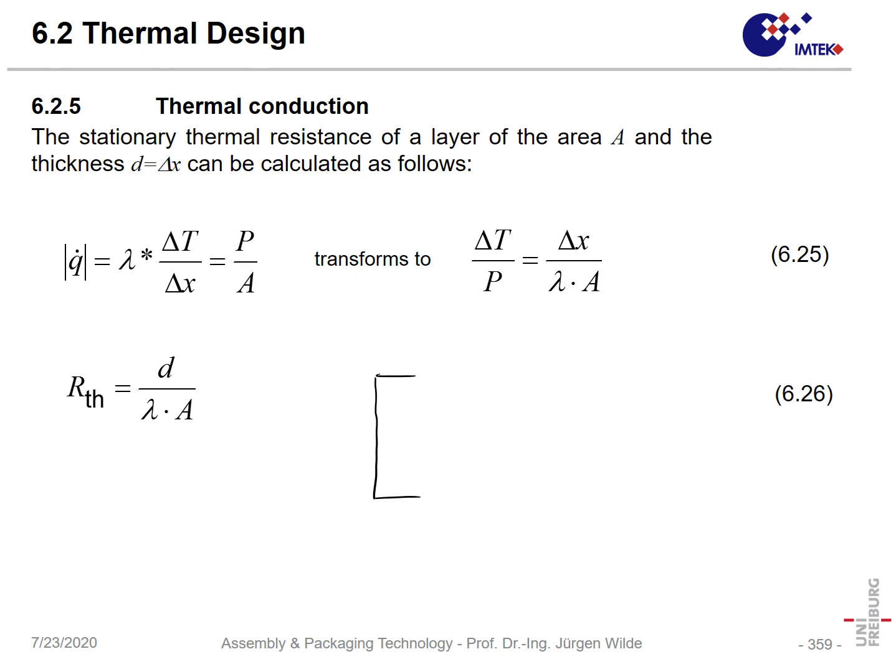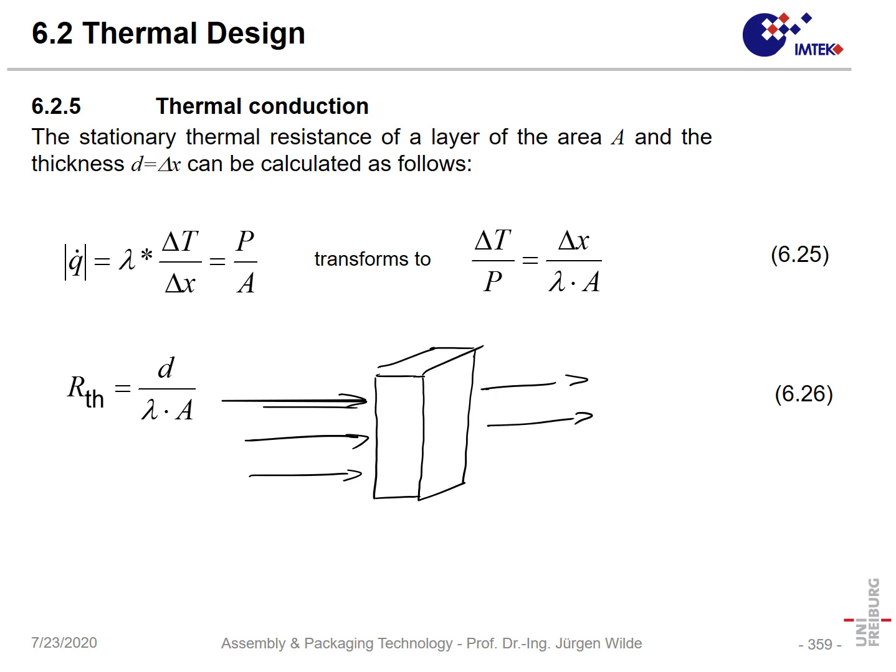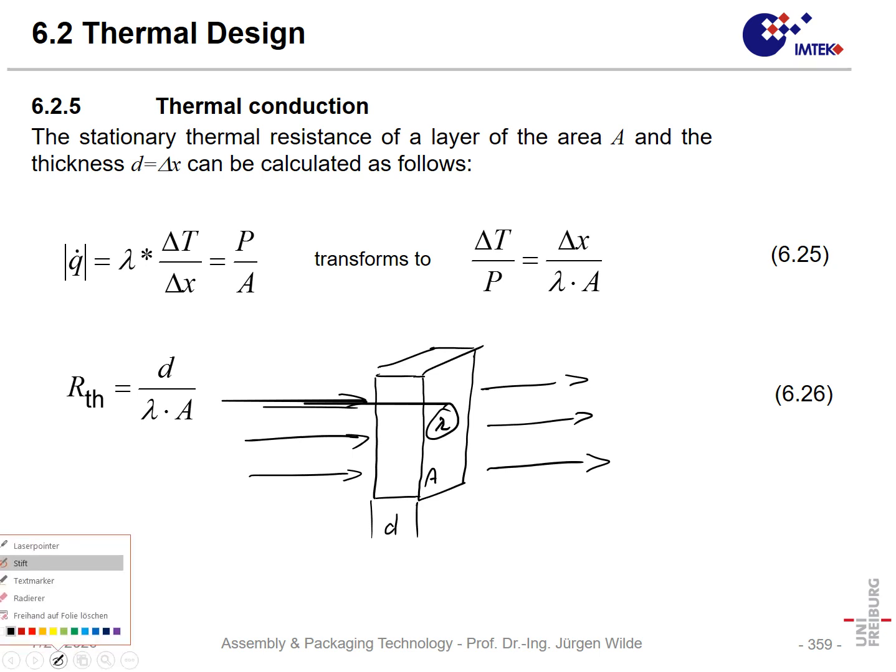Imagine we have one element of material, and that's a block where the heat goes in, and imagine the heat goes out, and over that block, which has a thickness of d or delta x, we have an area, and also that block has a certain heat conductivity which we can see here.